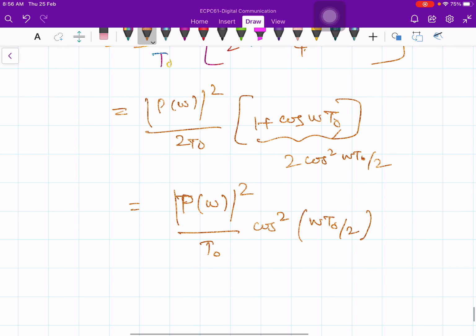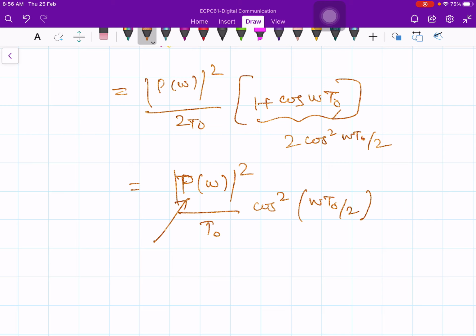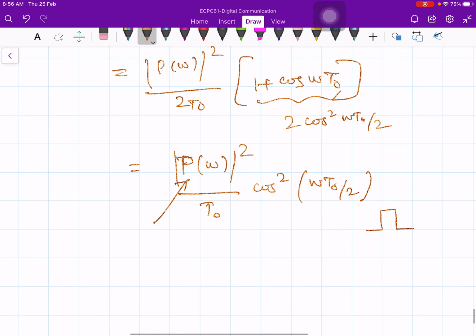omega T0 by 2. Okay, now if you consider the specific pulse shape, like we have been doing, remember the pulse shape that we have been most commonly using for comparison purposes is the half width rectangular pulse. So we will come back to that again.